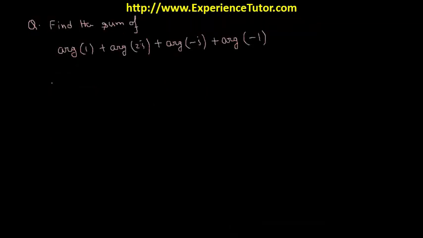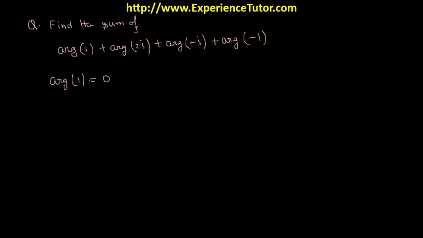Now our next question is, find the sum of the argument of 1 plus the argument of 2i plus the argument of minus i plus the argument of minus 1. The argument of 1 is equal to 0.